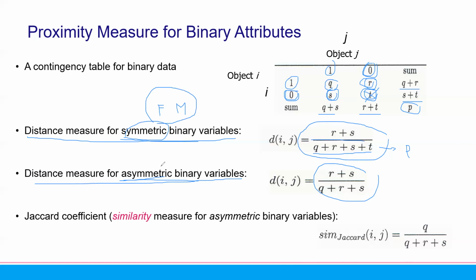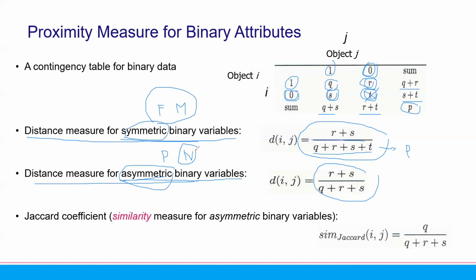But what is asymmetric? For example, in the case of COVID-19, we have positive and negative. We want to know more about the positive. If you are positive, then we need to handle the case and provide health care. But for the negative, it's only for our data.